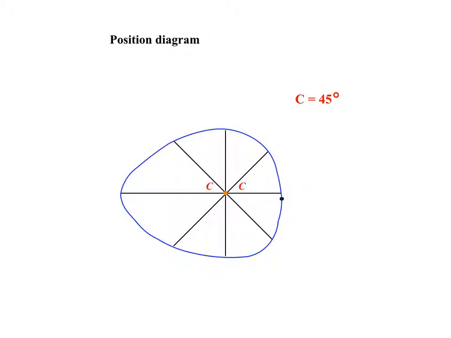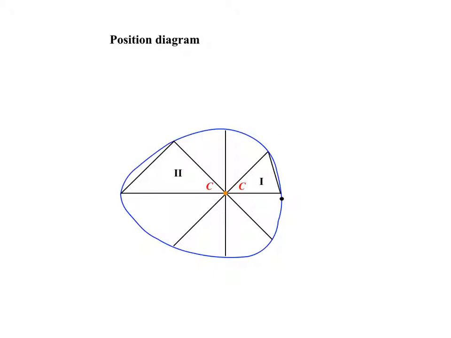Let's divide the orbit into 8 wedges, all with a 45-degree central angle. Obviously, the wedges are not all equal. Let's take 2 non-equal wedges, make each into a triangle, and then compare them.